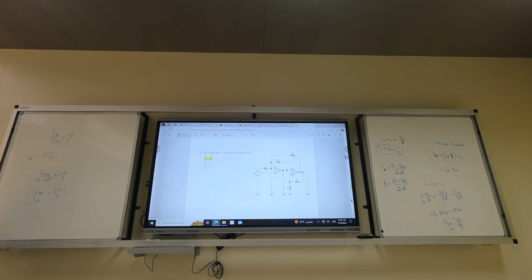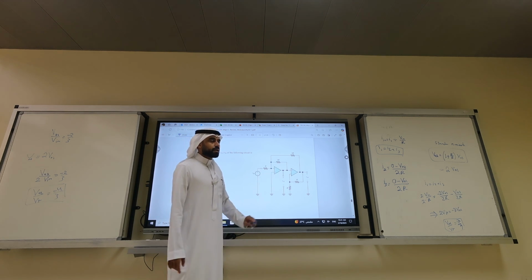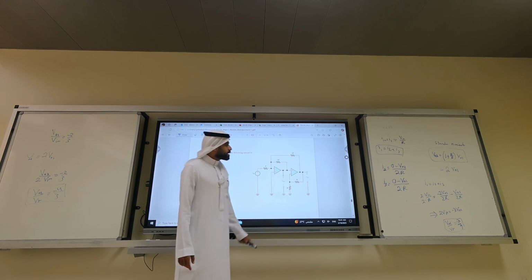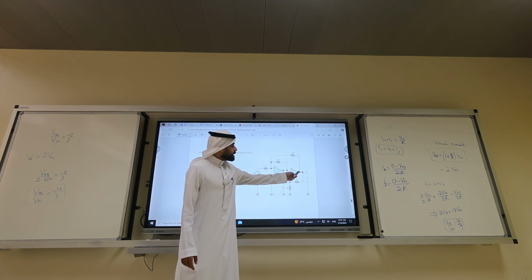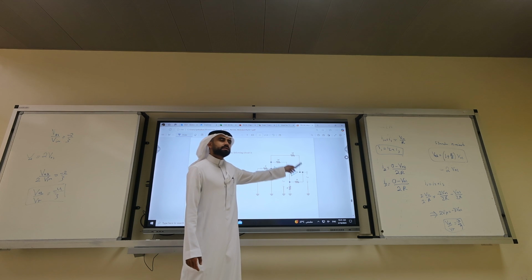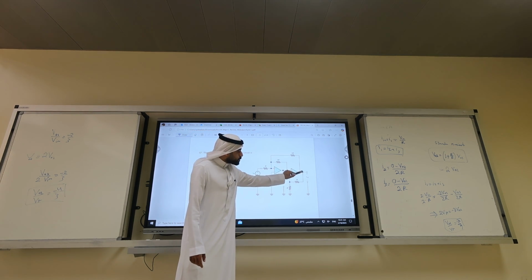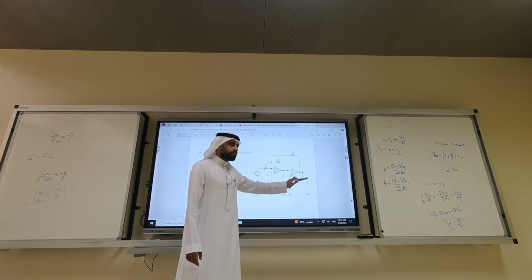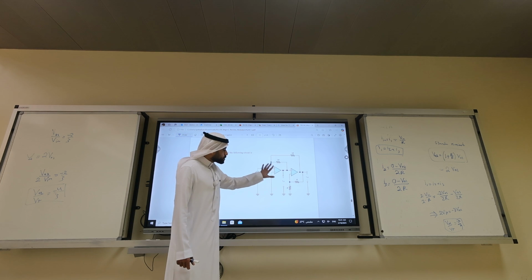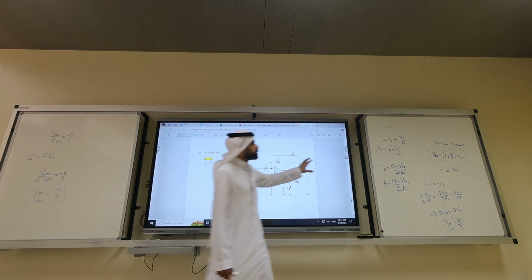What was the trick here? You have to recognize you have an inverting amplifier here, you have a non-inverting amplifier here, with a negative feedback from the second stage output. You have to know that V output 2 is the classical non-inverting amplifier. V output 1, you have to calculate using the circuit analysis, which is what we did here.